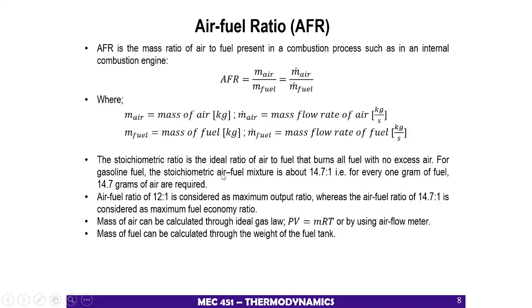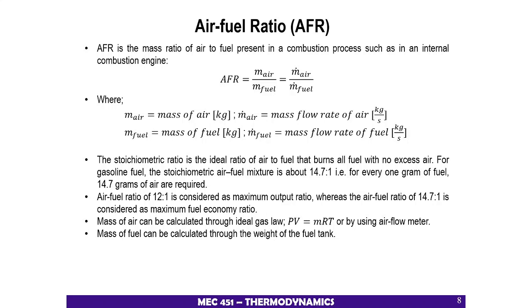The stoichiometric ratio is the ideal ratio of air to fuel that burns all fuel with no excess air. For gasoline fuel, the stoichiometric air fuel mixture is about 14.7 to 1.